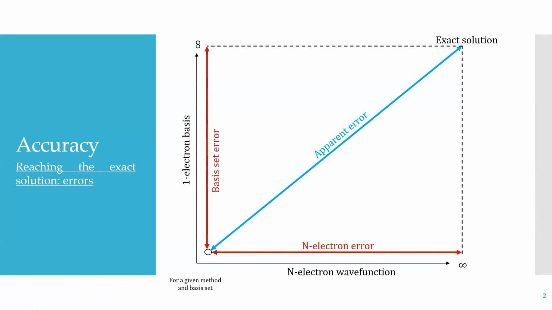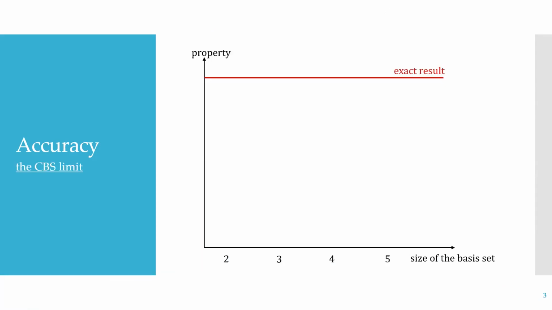However, we can try to remove the basis set error and just leave what is called an intrinsic error, just due to the methods. How do we remove this error due to the basis set to reach the highest accuracy possible? We compute what is called the complete basis set limit.